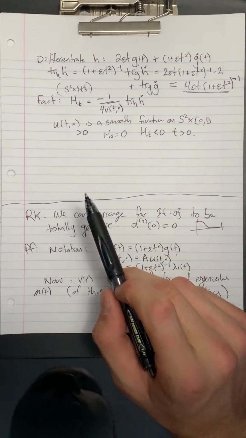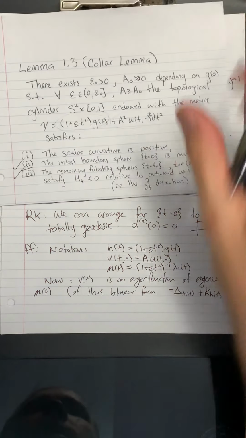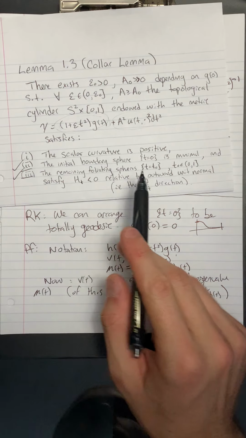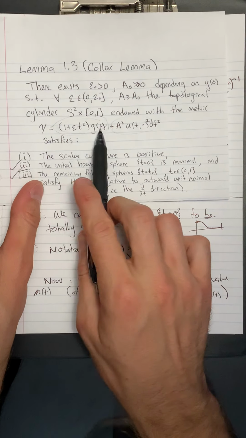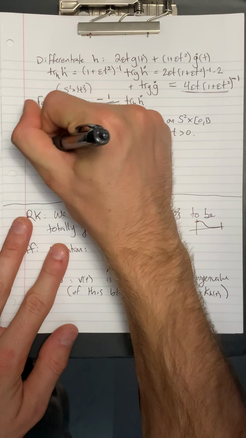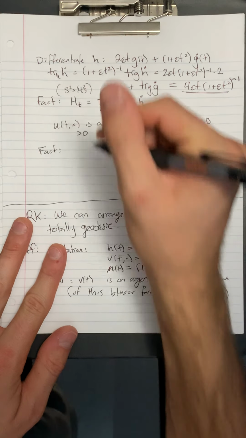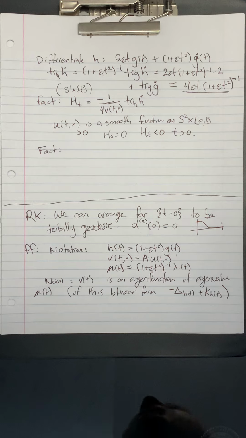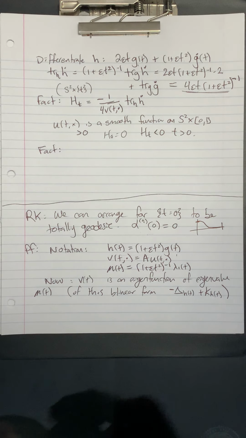We only need to show, number 1, that the scalar curvature of this manifold with this metric is positive. And so here's another fact. I'm not going to prove this here, but it's again a straightforward computation.